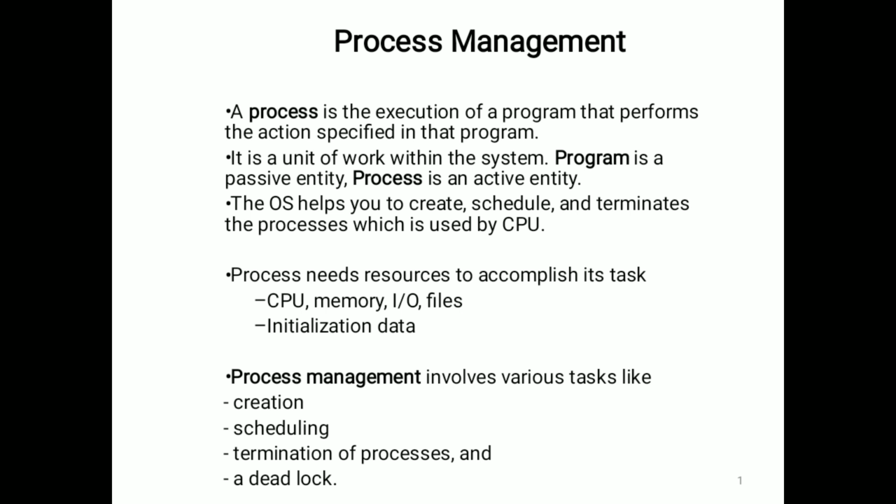Also we can say a process is the smallest unit of work within the system. A program is a passive entity, whereas a process is an active entity. The OS helps us to create, schedule and terminate the process which is used by the CPU. The operating system creates the process which performs some particular task, and scheduling means one process after the other will be allowed for execution.